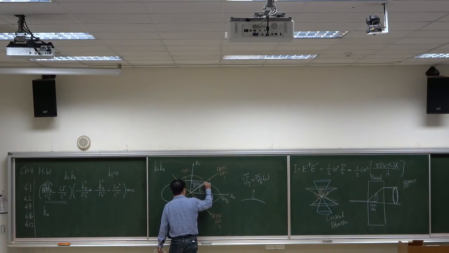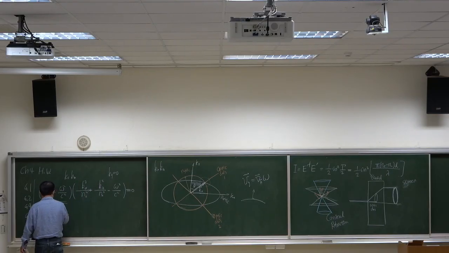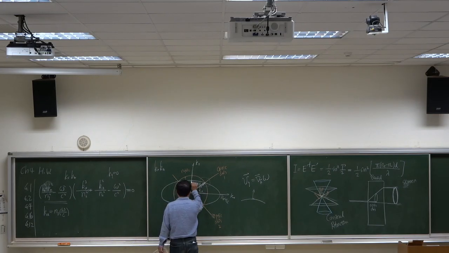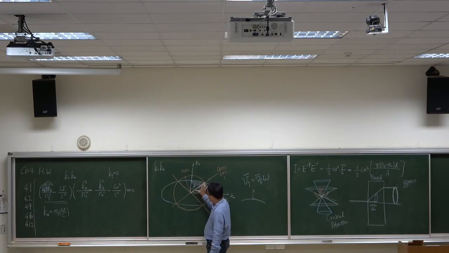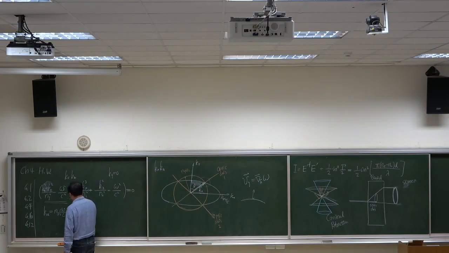The magnitude of k0 is ny omega over c, and its x component is given by the magnitude of k0 times sine theta.